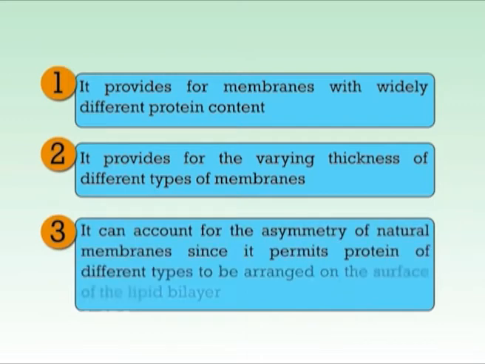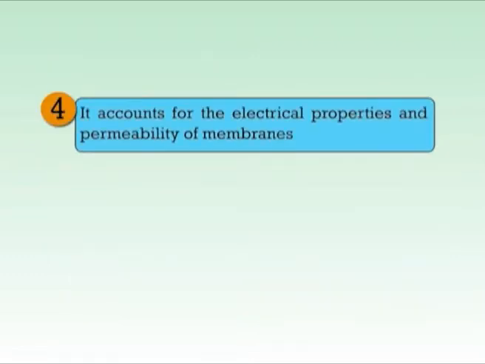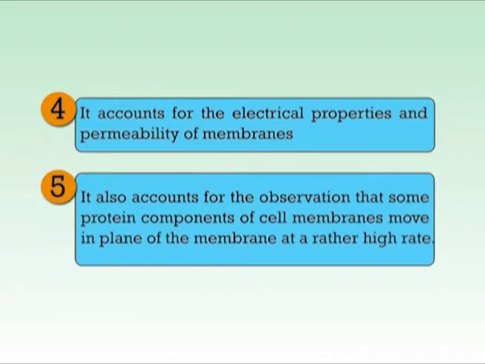Third, it can account for the asymmetry of natural membranes, since it permits proteins of different types to be arranged on the surface of the lipid bilayer. Fourth, it accounts for the electrical properties and permeability of membranes. And last, it also accounts for the observation that some protein components of cell membranes move in the plane of the membrane at a rather high rate.